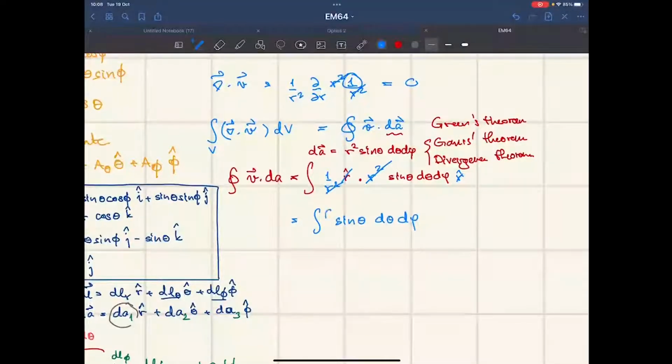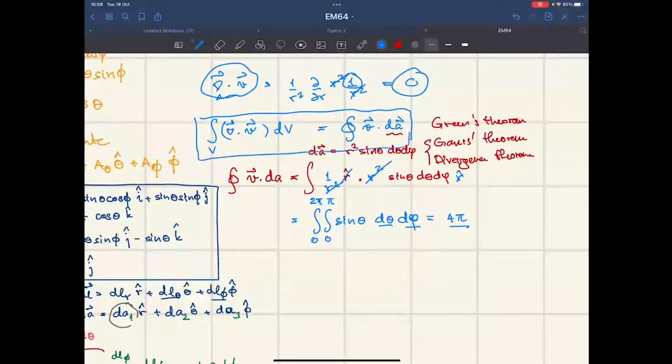We have two integrations, so we put two integral signs here, and we need the upper and lower limits. What is the upper limit? You know it, right? For theta it is 0 to pi, and for phi it is 0 to 2 pi. So our solution will be 4 pi. But if you look here, it's 0. So what's wrong here?